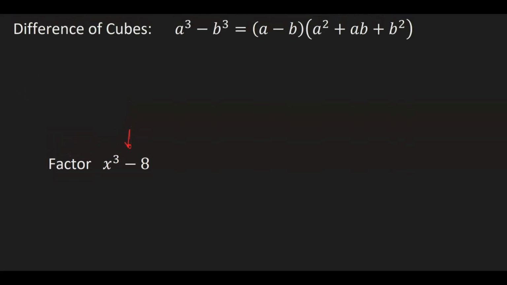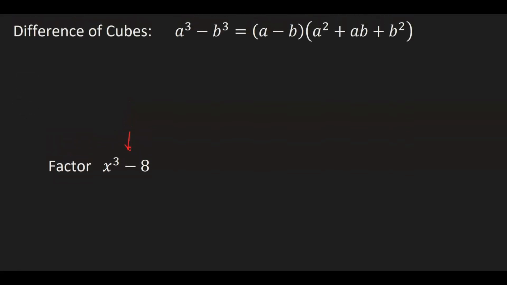So let's try one. Notice that we have here a difference, okay? Let's just scroll this down a bit. We're going to use the difference of cubes formula. That's going to be our first term, and this is going to be our second one. So let's find out what the a and b will be in these cases.